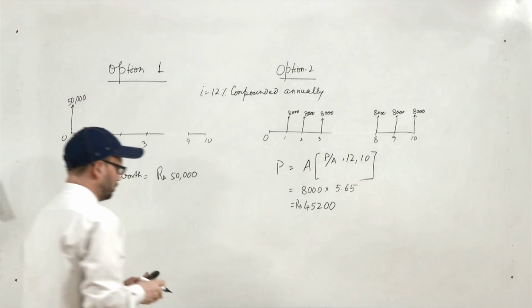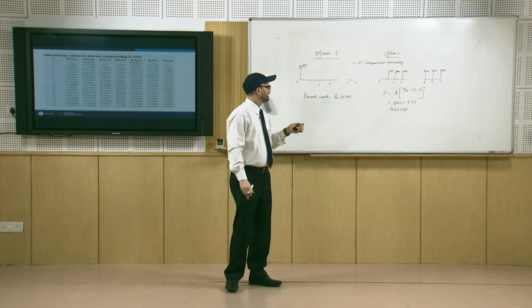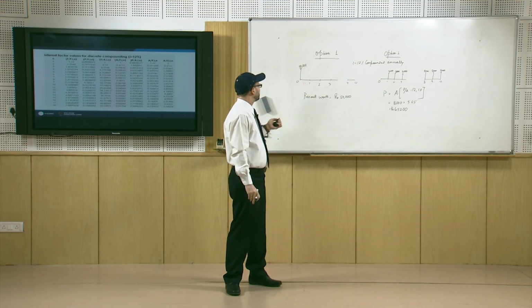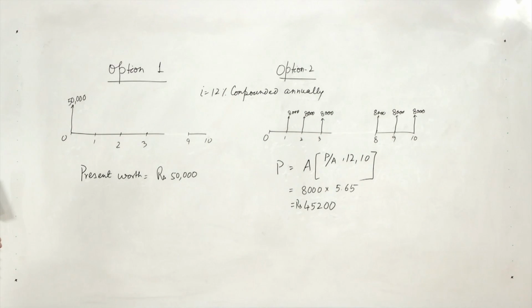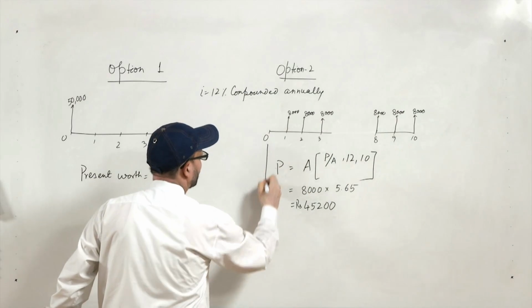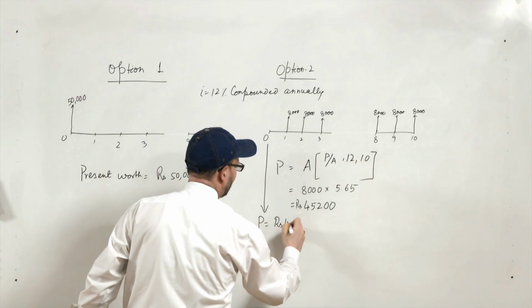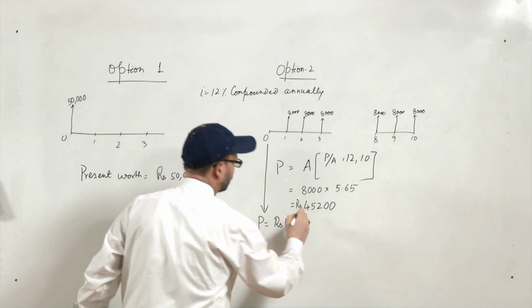Now, what we see is the two cash flows are giving you the present worth value at a particular time. From here you are getting P as rupees 45,200.